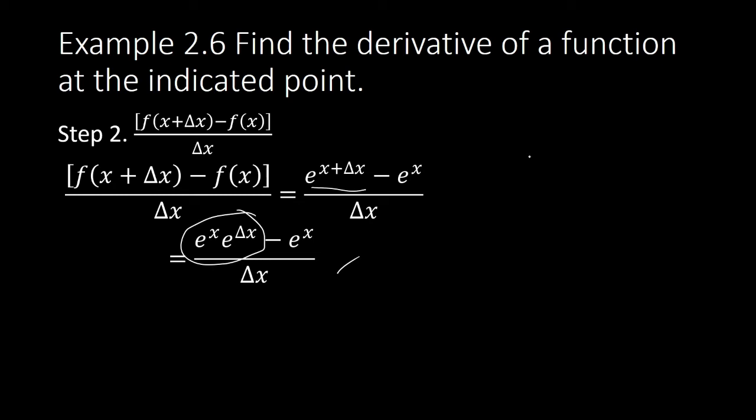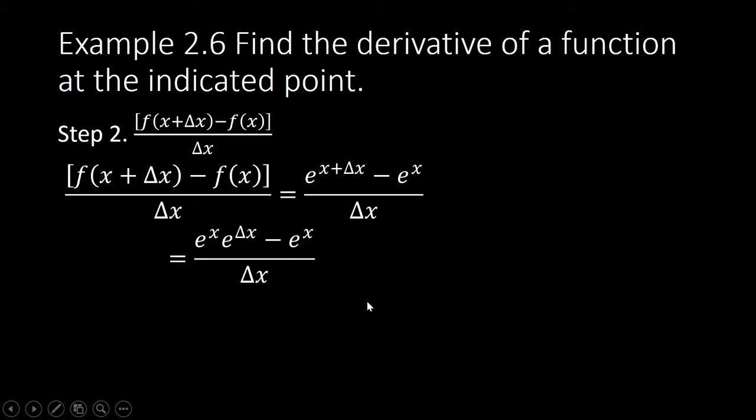Well, it's like a raised to n times a raised to m, that is equal to a raised to n plus m, okay? And so we just factored e to the x plus delta x into 2 factors: e to the x times e raised to delta x.